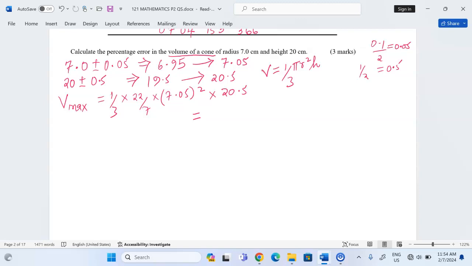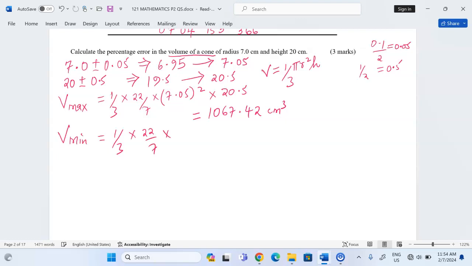When I take 22 multiplied by 7.05 and I square this, then I multiply by 20.5, then everything is divided by 3 times 7. This is going to give us 1067.42 cubic centimeters.